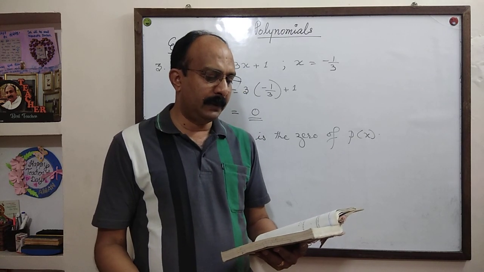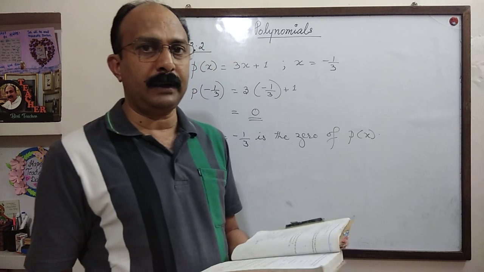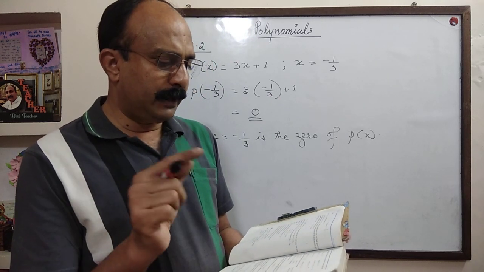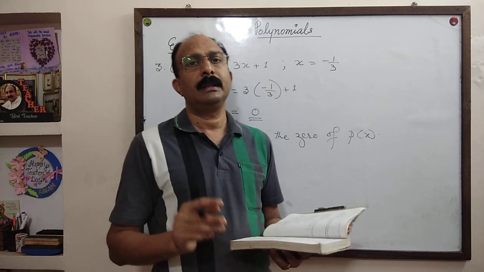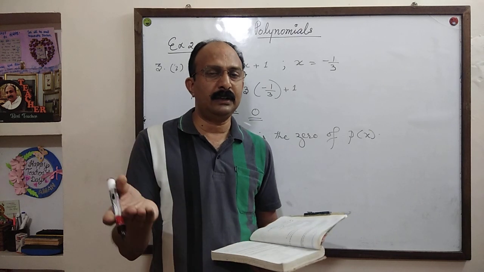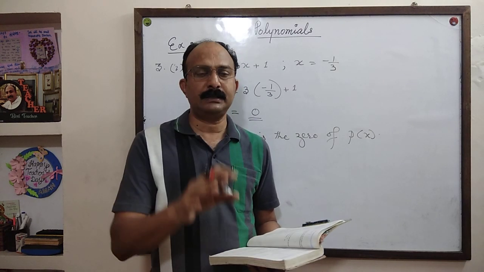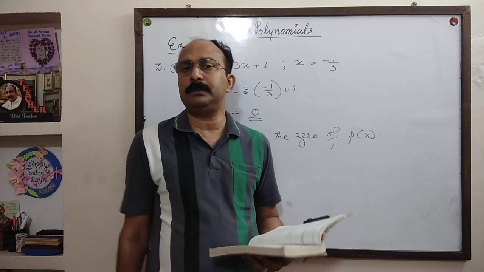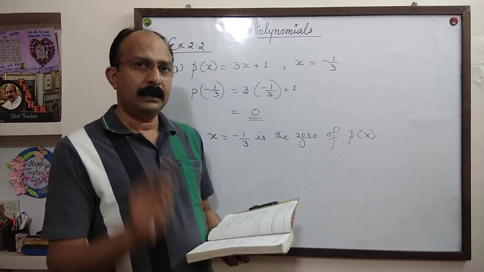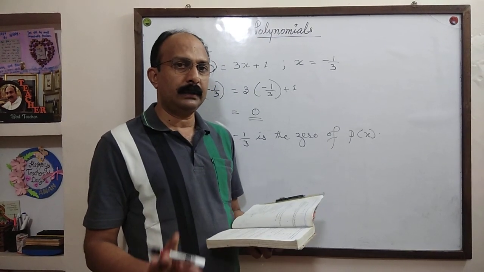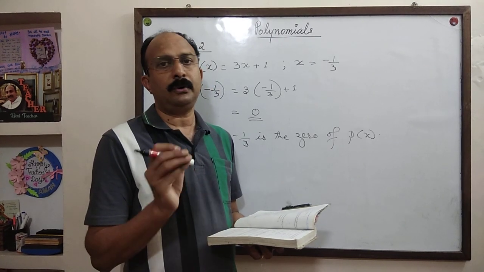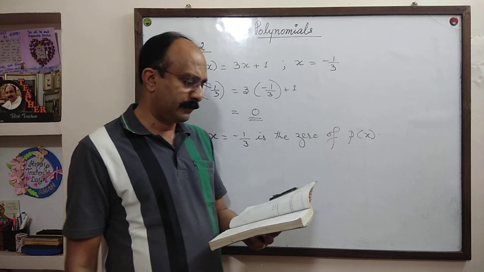So 5x minus pi, given x is equal to 4 upon 5. So in place of x, you may put 4 upon 5. And you know that since there is minus pi, you will not get the answer 0. So the answer is no, it is not the 0 of the polynomial. You may leave the answer in pi only. Don't put its numerical value of 22 upon 7 or 3.14.